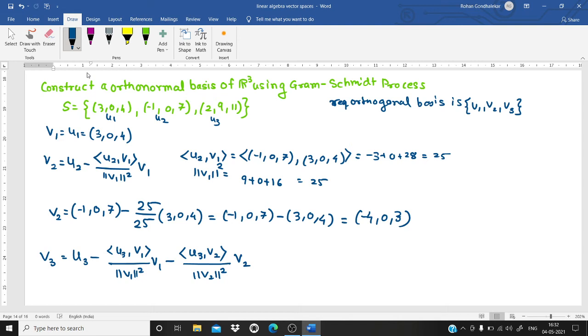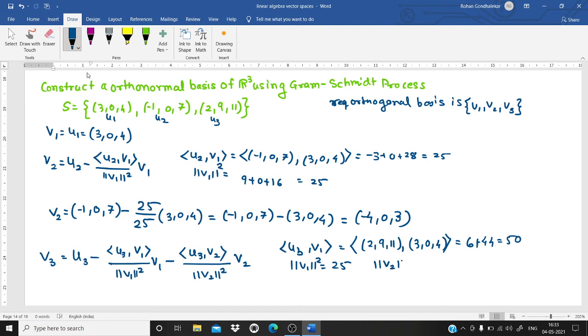This is the formula for v3. Got it? Now what is the inner product of u3 with v1? The u3 is 2, 9, 11 with 3, 0, 4. So 2 threes are 6, plus 9 into 0 is 0, 11 into 4 is 44, which is 50.